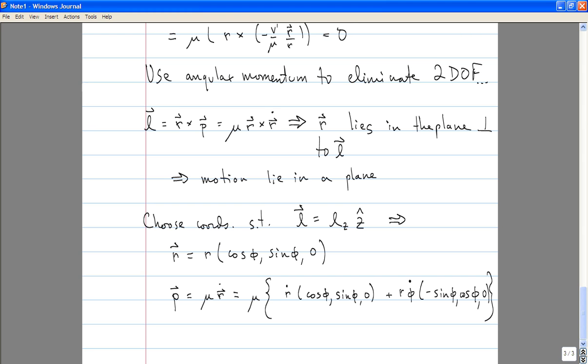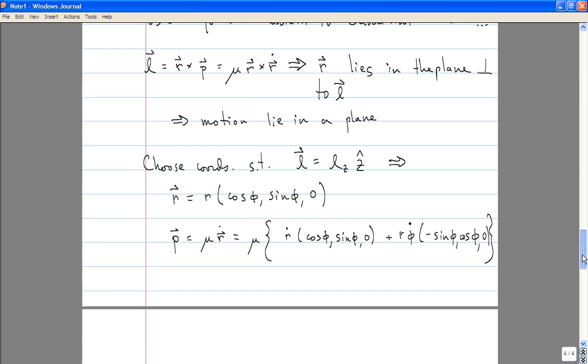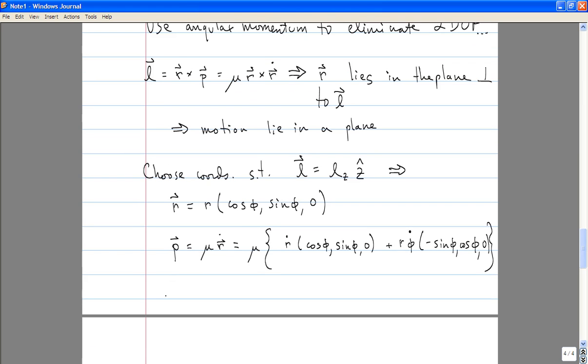So I can then go ahead and compute the angular momentum vector. It's just the cross product of those 2 vectors. And that will be the sum of 2 terms, because the momentum vector was the sum of 2 terms.